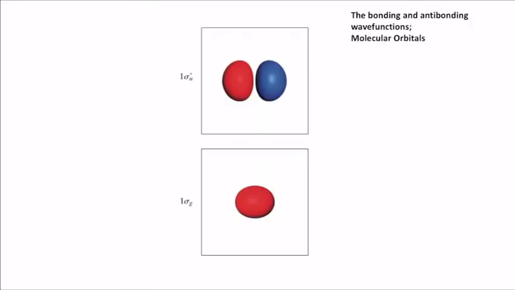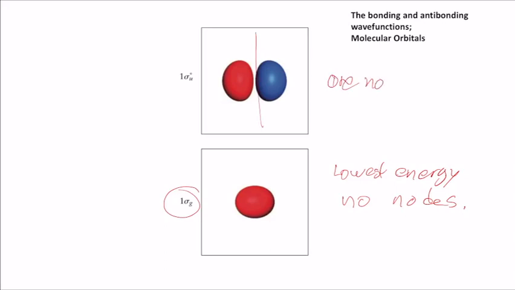Here we go. As we could imagine, the lowest energy orbital has no nodes, and is designated as sigma. The next higher energy level is going to have one node, and that will be designated as sigma star.